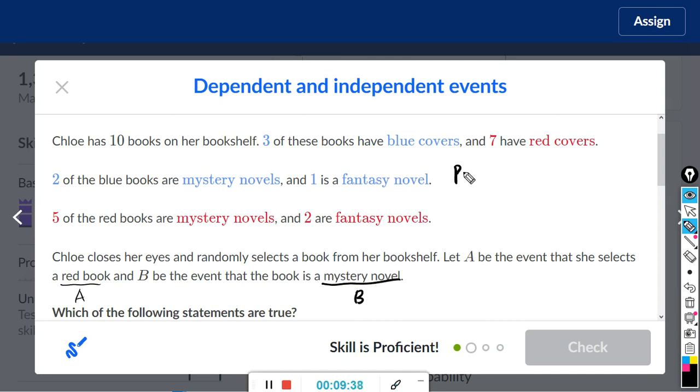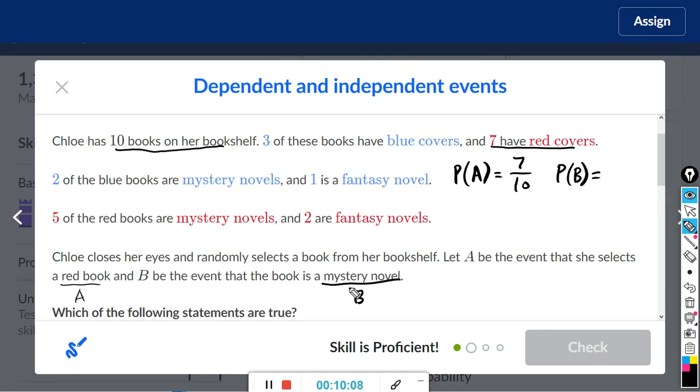The probability of A that she gets a red book, well, let's see. There's 10 books on the shelf, so the total is 10. That goes in the denominator. And 7 of them have red covers, so there's 7 red books. All right, so the probability of getting a red book is 7 out of 10.